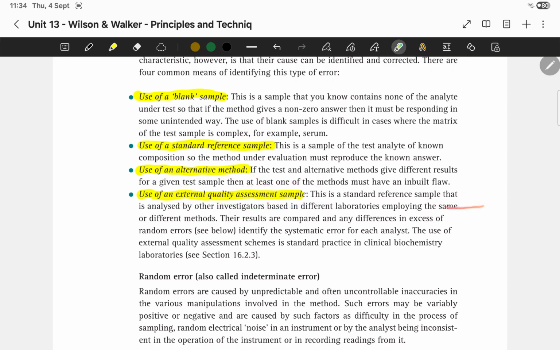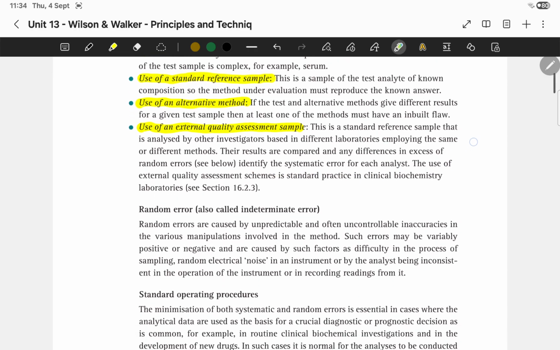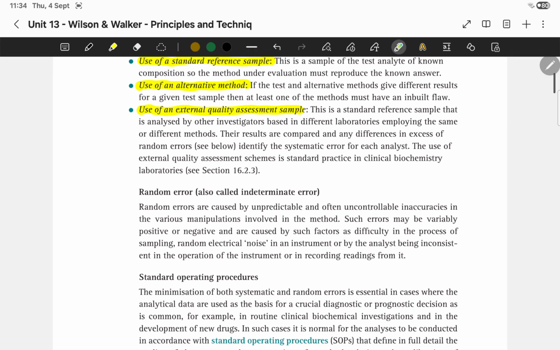This is a standard reference sample that is analyzed by other investigators in different laboratories employing the same or different methods. Their results are compared, and any differences in excess of random errors identify the systematic error of each analyte. The use of external quality assessment schemes is standard practice in clinical biochemistry laboratories.